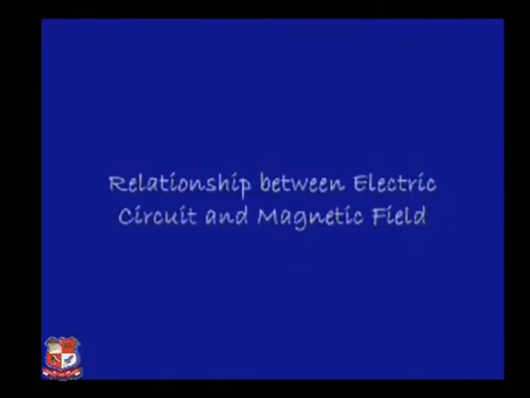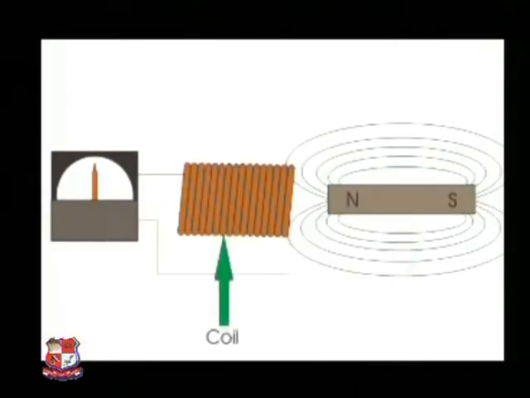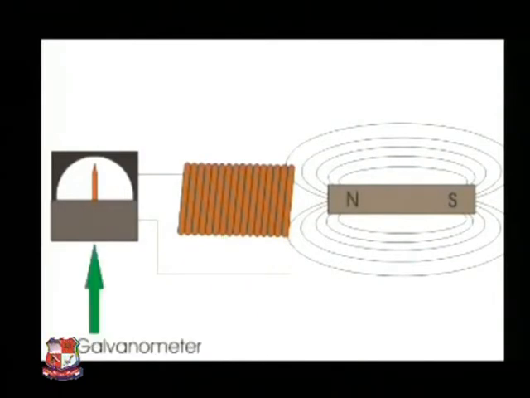He found that when an electrical conductor is brought under the influence of a magnetic field, and if the flux linked with the conductor due to this magnetic field is changed, an EMF is induced in the conductor. In this experiment, Faraday takes a magnet and a coil and connects a galvanometer across the coil.